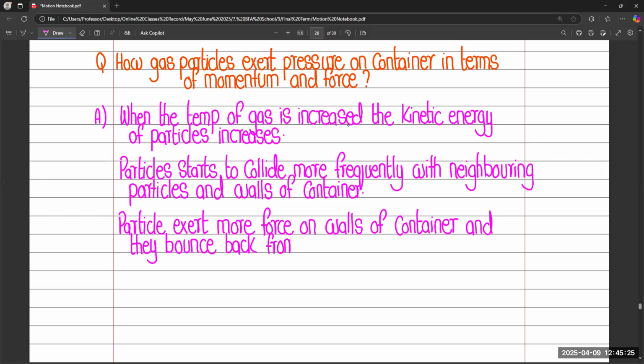So when they bounce back from the wall, just like in the topic of momentum, we discussed that momentum is a vector quantity. So when the direction of the particle changes, due to the change in direction, momentum also changes. So when it bounces back from the wall, momentum also changes.